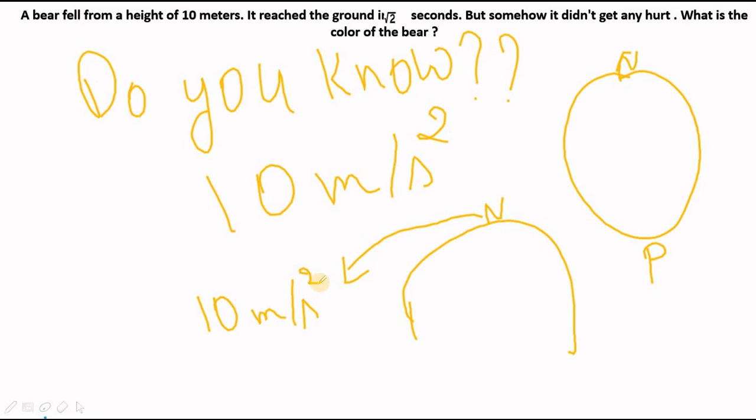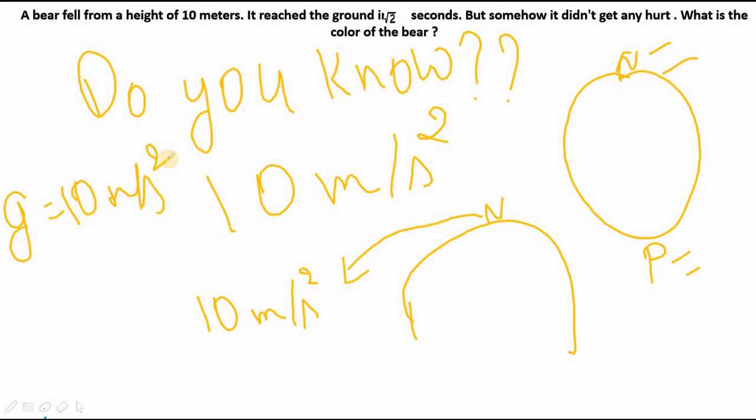So the bear would be living in this area, in some pole, in the north pole or south pole, because it has an acceleration due to gravity of 10 meter per second square. So which bears do you find in the north or south poles?